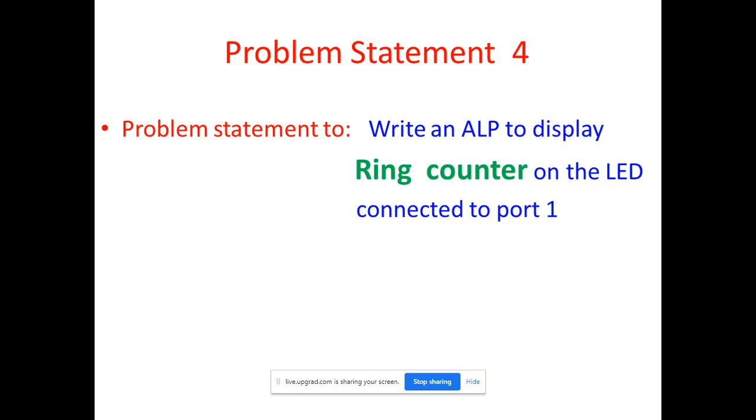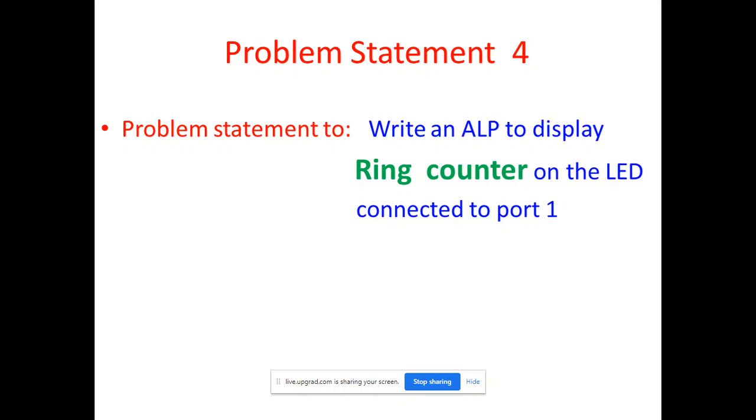In the fourth problem statement, they demanded: write an ALP to display a ring counter. Now what do you mean by ring counter? For example, suppose one LED is on, then I want to start the next LED, then the third, then the fourth, then fifth.